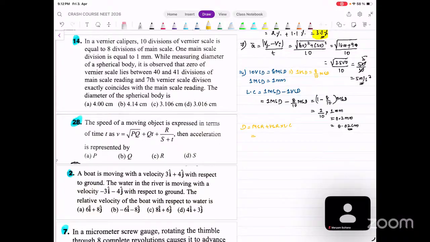While measuring the diameter, it is observed that the 0 of the vernier scale lies between 40 and 41 divisions of the main scale, and the 7th vernier scale division exactly coincides with a main scale division. So what will be the main scale reading? Anyone?